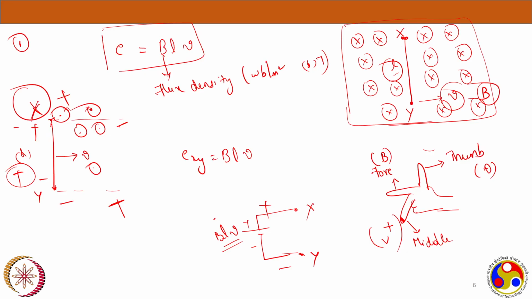So the basic understanding which we have to observe is: whenever a conductor is moving at a constant velocity v, it will have an induced voltage E, provided it is placed in the magnetic field B and the directions of B and V are always mutually perpendicular.